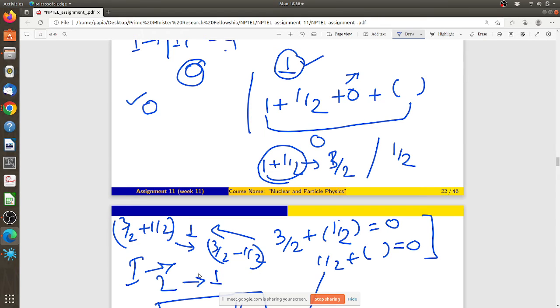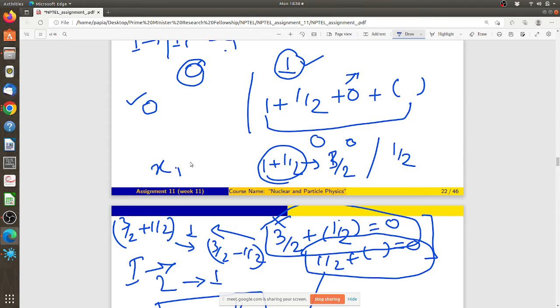So there is no 0 value. So this possibility cannot be the case. This condition cannot be the exact one where I can get the I value in the right hand side as 0. And that's why the xi will be half in our case. It's a little bit tricky.